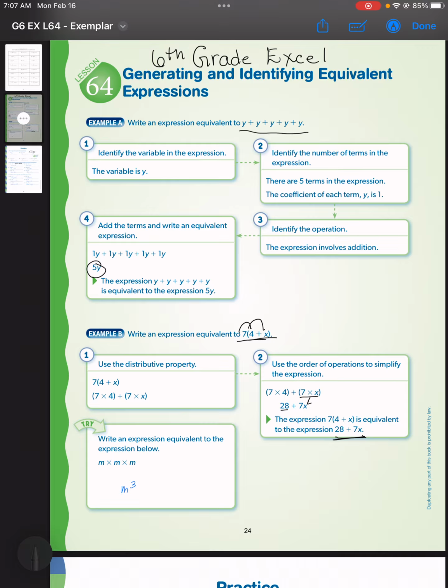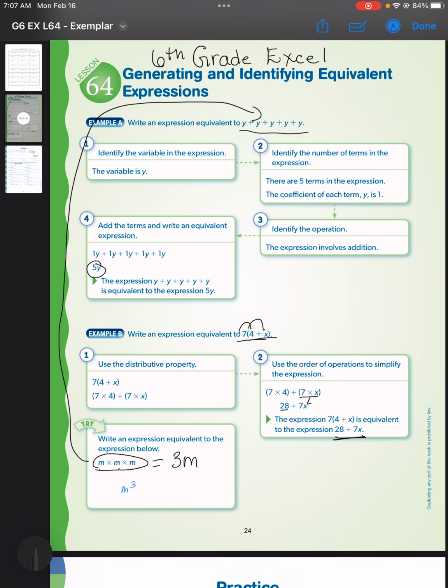In the try it problem, you really want to lean in here. You want to write an expression equivalent to m times m times m. Students are going to be inclined to say this equals 3m. But you're going to have to highlight that this expression does not look the same as that expression. In the first expression, we are adding.